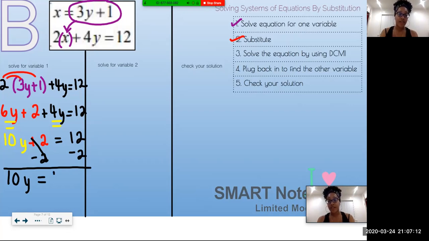And what's 12 minus 2? 10. So I'm left with 10y equals 10. The operation happening between 10 and y is multiplication, so the inverse is division. I divide by 10, and I'm left with y equals 1.